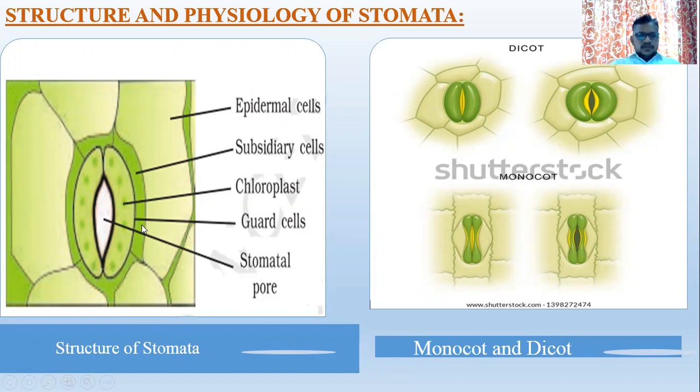Beside the guard cells are the subsidiary cells, and after that the epidermal cells are present. The guard cells are the cells which control the closing and opening of the stomata.